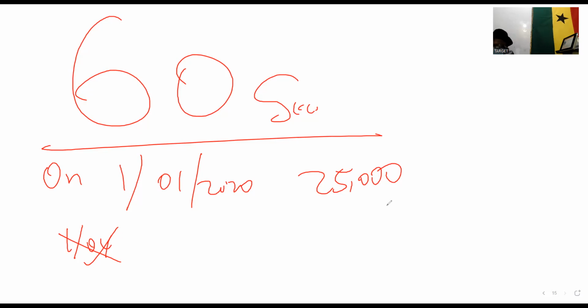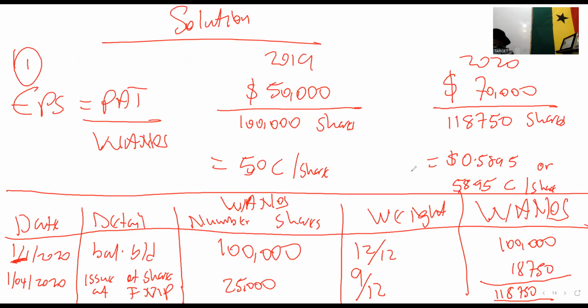So you see, the trick of the matter is that once the shares were issued at the beginning of the year, there's no need for us to weight it. So in that case, it will still be 125,000 shares. Both the weighted average and number of shares will be the same because from the beginning to the end is still 12 months.